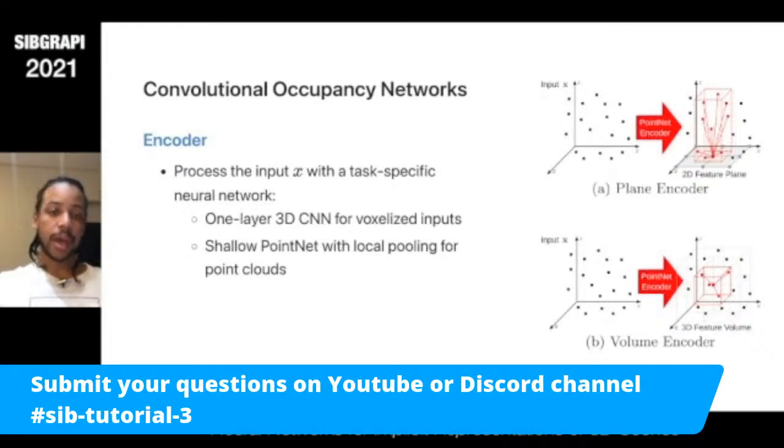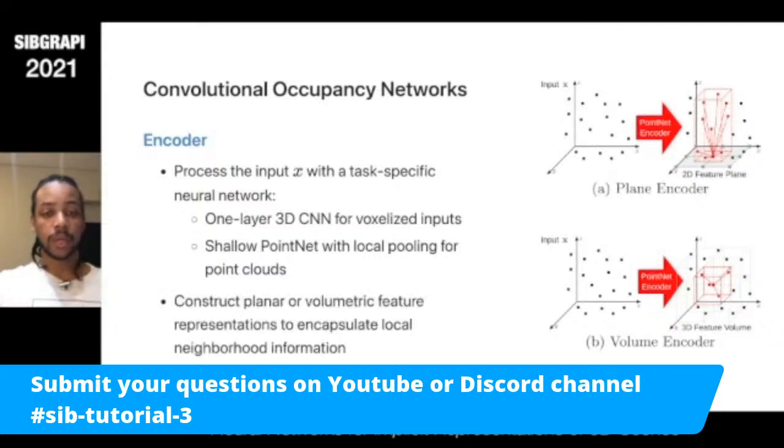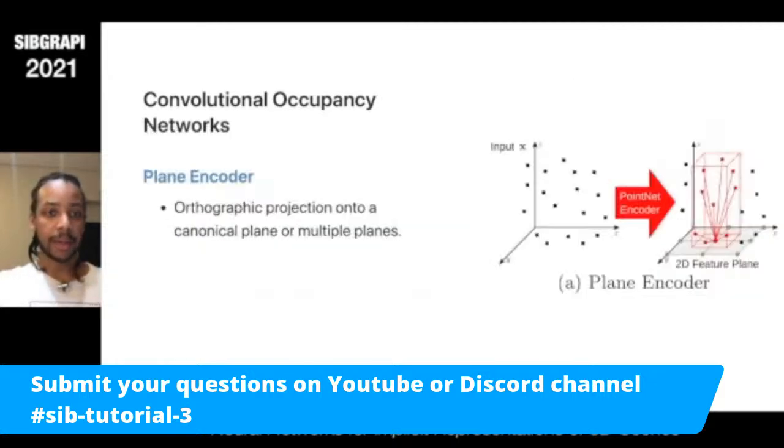And now that you have your input in a space of features, we will build another feature representation that encapsulates neighborhood information. We can construct a planar or a volumetric feature representation by applying one of these encoders. The plane encoder will make an orthographic projection onto a canonical plane or multiple planes.